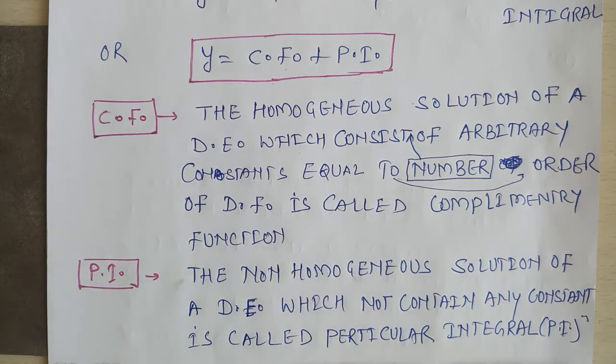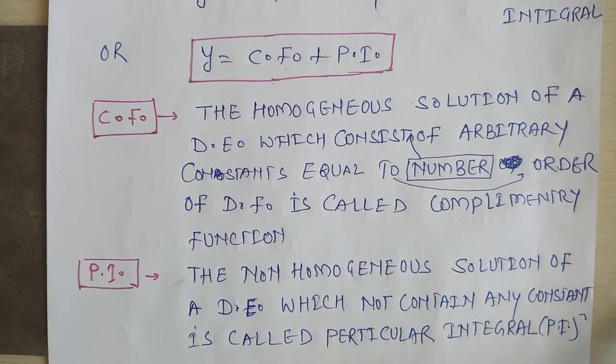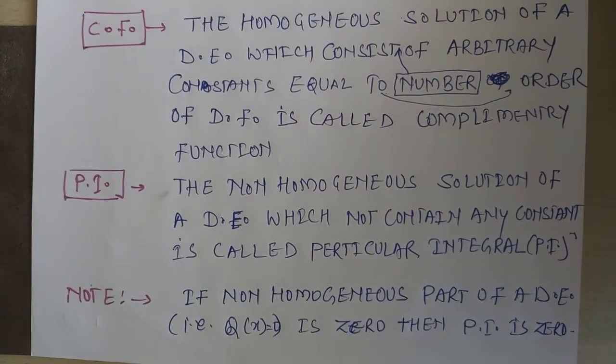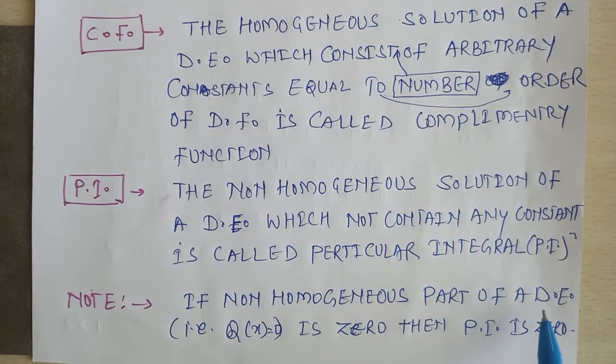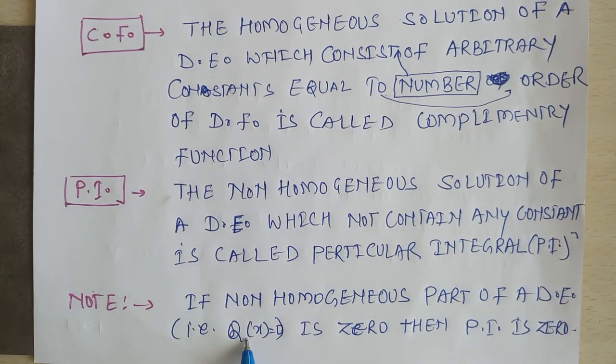The complete solution of an LDCC is y equal to CF plus PI. Here we note that if the non-homogeneous part of the LDCC, that is Qx, the right hand side, is 0, then the particular integral is also 0.